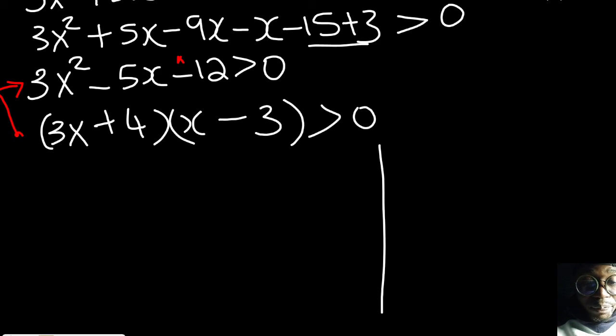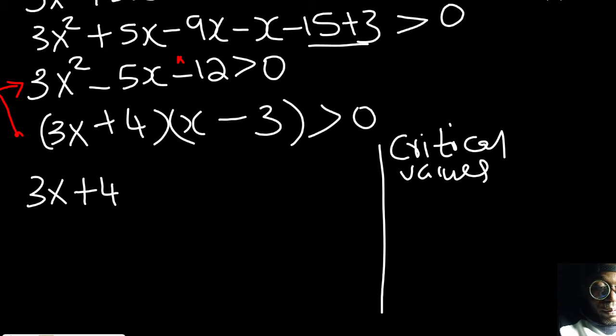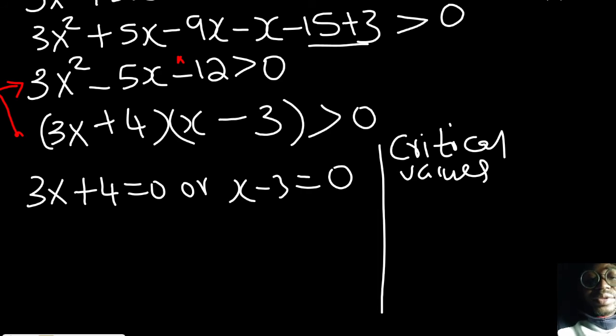Because this is an inequality, we are going to look out for the critical values. We're going to use the critical values, so we're going to use the equal sign in this case. 3x plus 4 is equal to 0, or x minus 3 is equal to 0.